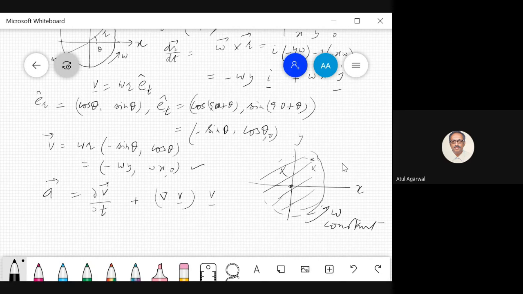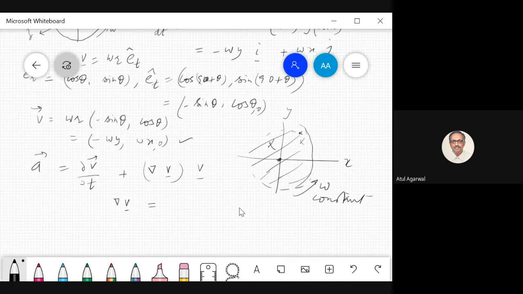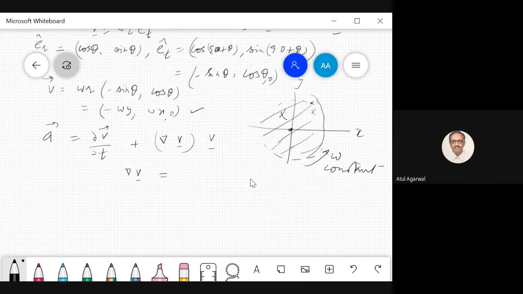Now I want gradient of v. What is gradient of v?